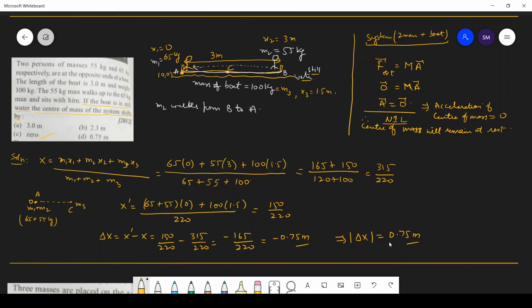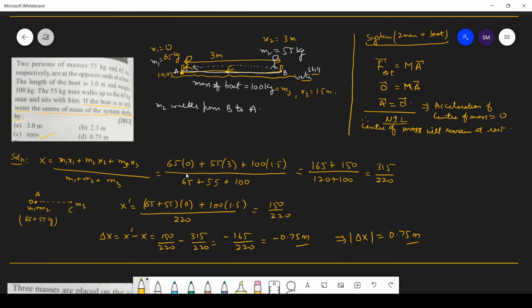So sir, what does this 0.75 mean? You have also calculated this. This means that the center of mass will remain at its position, whereas the man has moved this side. So the boat will move.